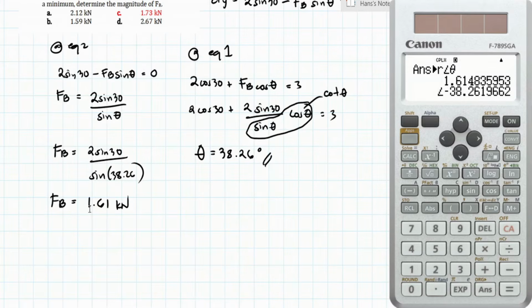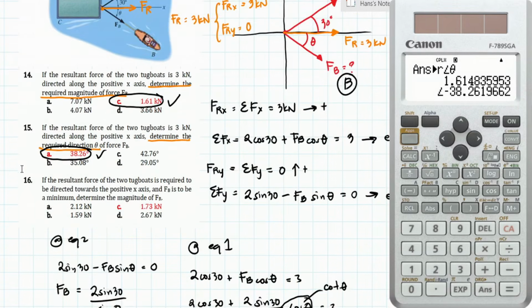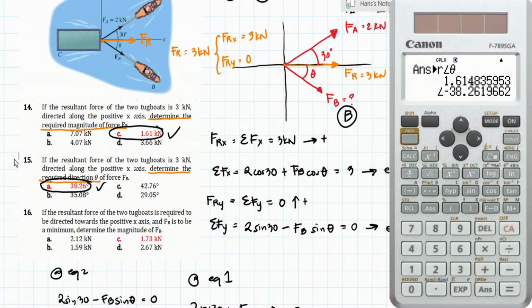Oh, ayan class, tamang-tama, 1.61. Next, yung angle, negative 38. So, kaya negative yan kasi kung titignan mo yung direction ng FB is from the positive x-axis, pag ganito siya, no? Kaya yung ibibigay niyang angle is negative talaga.